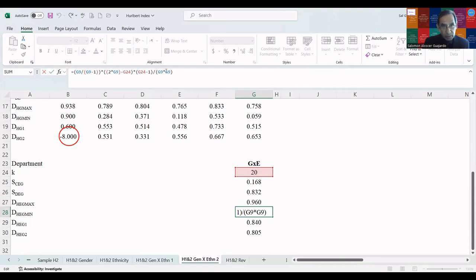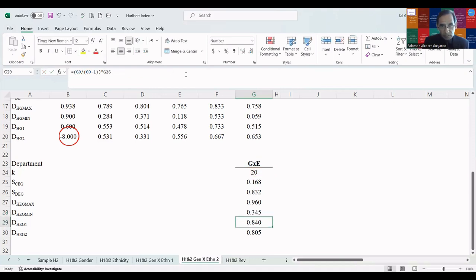Then I'm going to divide that by the total number of individuals in the organization squared, so that's 100 times 100. That gives me a minimum value of 0.345.